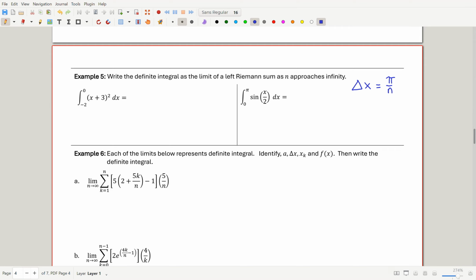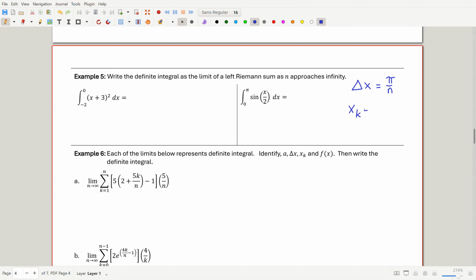But then we have to divide by n because that's what we're doing. We're breaking it up into, I don't want to say unknown, because our goal is to take the limit as we break it up into an infinite number. So that n is the increasing number of subintervals we have.